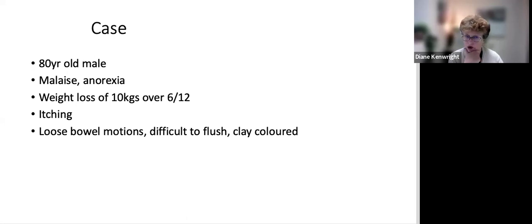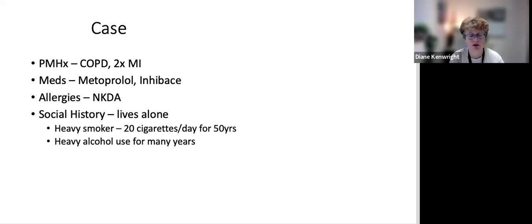We have an 80-year-old male with malaise and anorexia and weight loss. There appears to be some bile obstruction because there is itching. He has loose bowel motions, which are pale in color. Again, he's probably obstructing his common bile duct as well as his pancreatic duct.